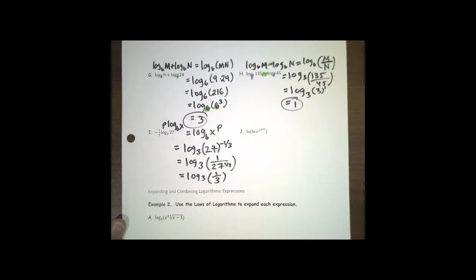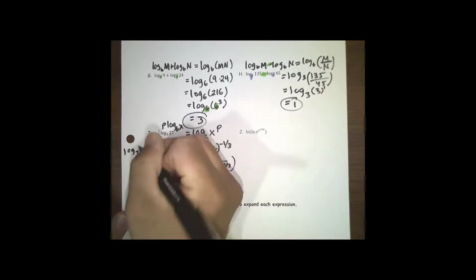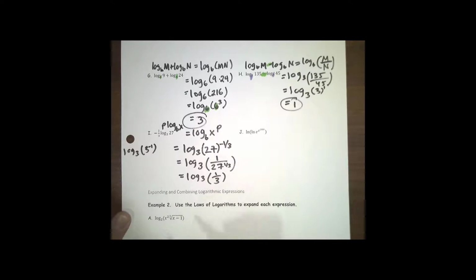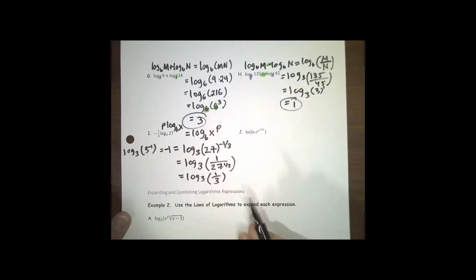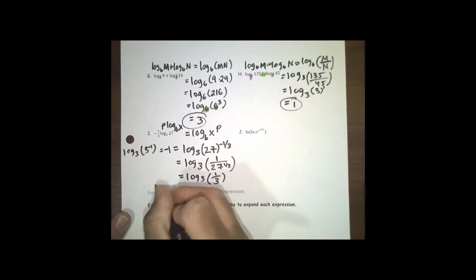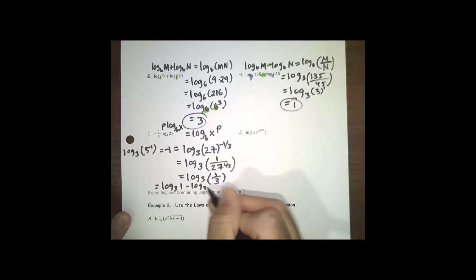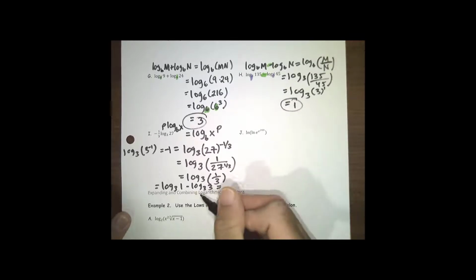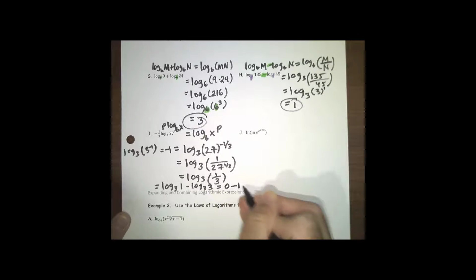From here, there's lots of ways to do this. One way is 1/3 is 3 to the negative 1, so this is just negative 1. Or you could say this was log base 3 of 1 minus log base 3 of 3, and log base 3 of 1 is 0, and log base 3 of 3 is 1, and 0 minus 1 is negative 1.